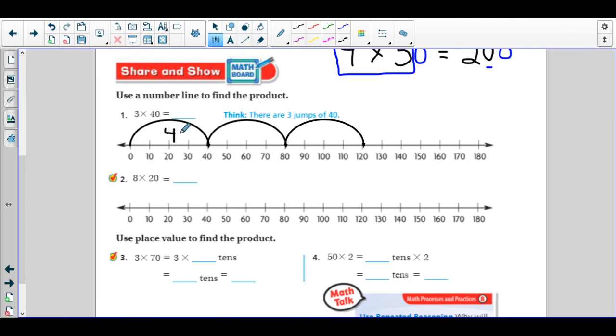Okay, so here's a 40, here's a 40, and another 40. We made one jump right here. We made 2 jumps and 3 jumps. Where did we end up at? 120.